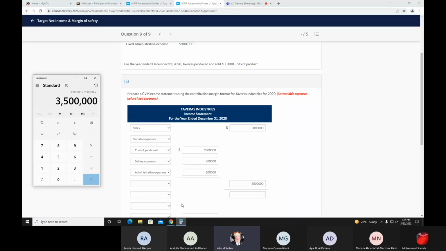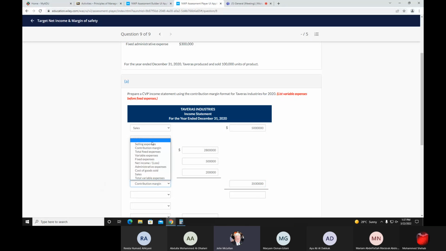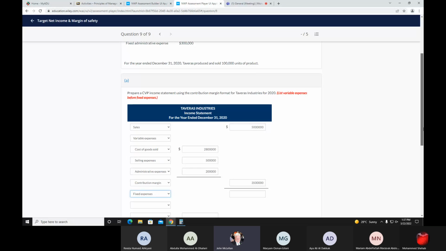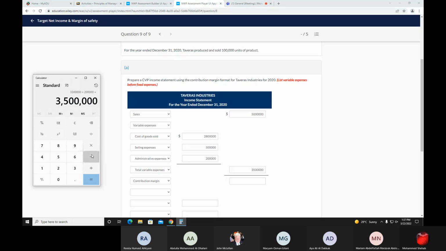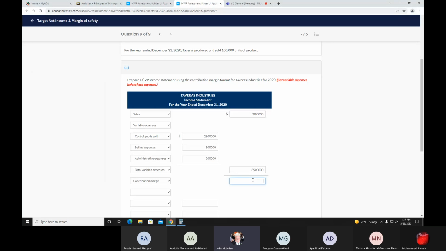Okay, you have your total variable cost. Now you can get your contribution margin. Good.